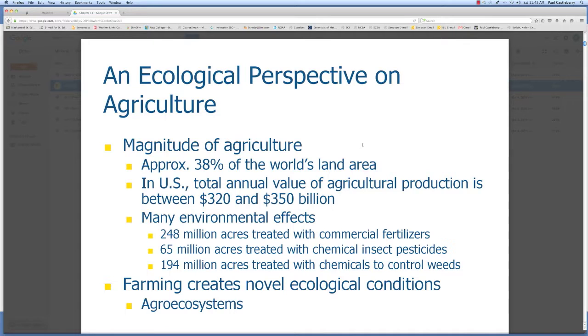I find that's a pretty cool thing to look at. So farming in itself creates something called an agro-ecosystem, because the agriculture component is not separate from its surrounding ecosystem. There is a symbiotic relationship between agriculture and its surrounding ecosystems.